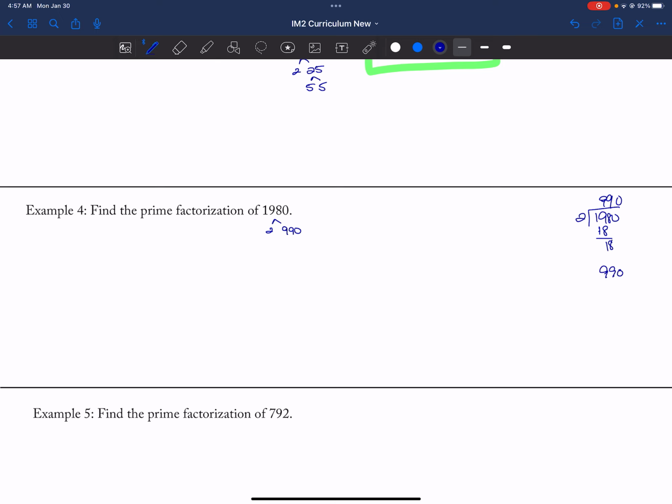So 990, divided by 2, 4, 8, 1, 9, 9, 18, 1, 0, 5. So 2 and 495. Then 495 is divisible by 5. Oops, not 455. 495, so 5, 9, 45, 45, 9. So this gives me 5 and 99.